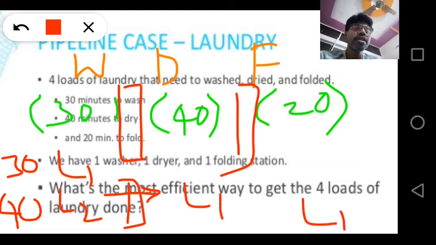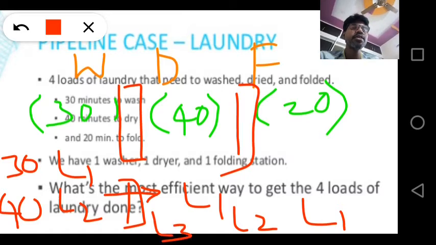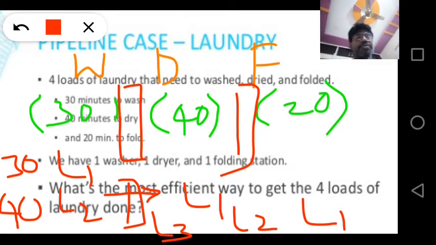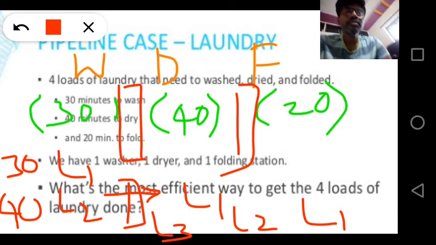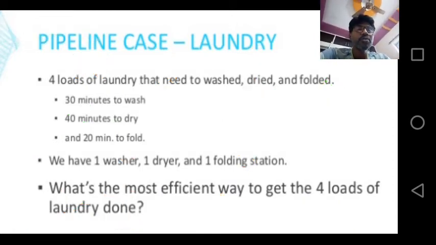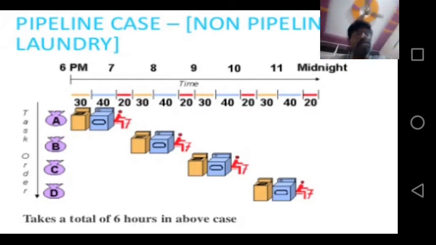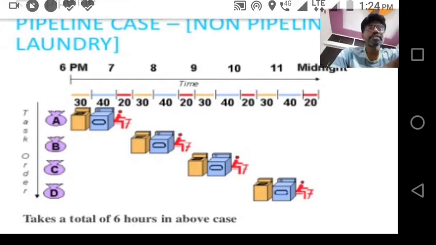While L1 is being folded, L2 is sent for drying, and L3 is sent for washing. So what is the most efficient way to get 4 loads of laundry done? This is the real world example that has been given.